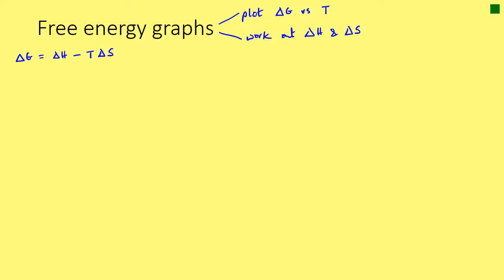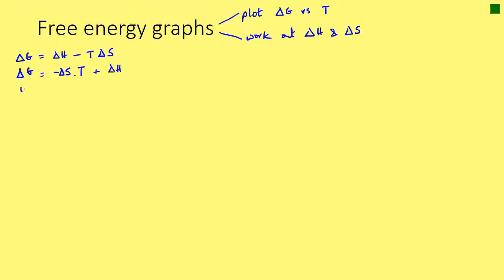The mathematical ones of you will spot that you can put this in the form y equals mx plus c. So we're just going to rearrange this a little bit. We're going to keep delta G as our y, but we're going to make minus delta S our m, and then T has to be our x, and then plus delta H is our c.